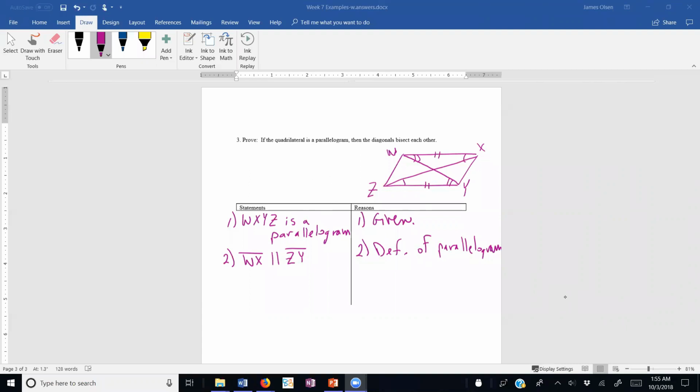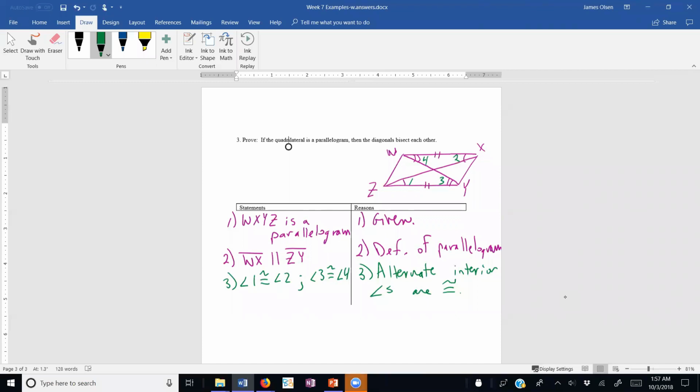I think I'm going to number the angles again to make them easier to talk about. So we have angle 1 congruent to angle 2 and angle 3 congruent to angle 4. We could write out the full theorem: 2 lines cut by a transversal are parallel if and only if alternate interior angles are congruent, or we could use a shortened form, alternate interior angles are congruent.